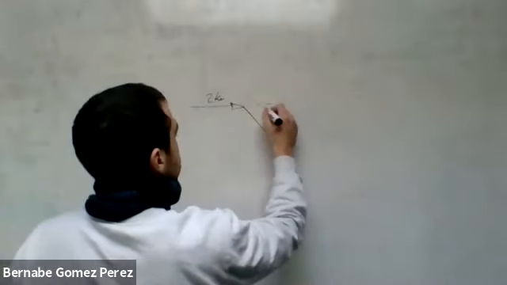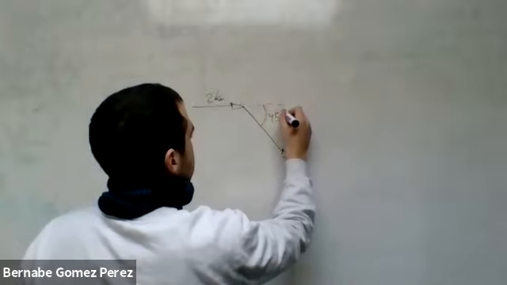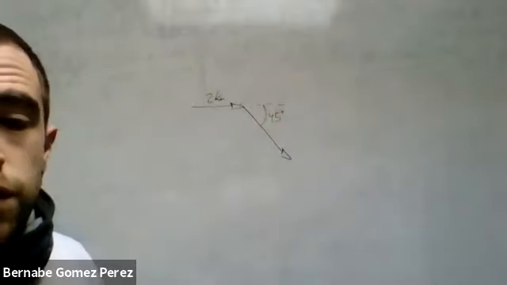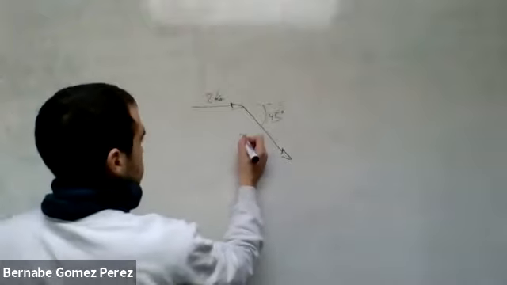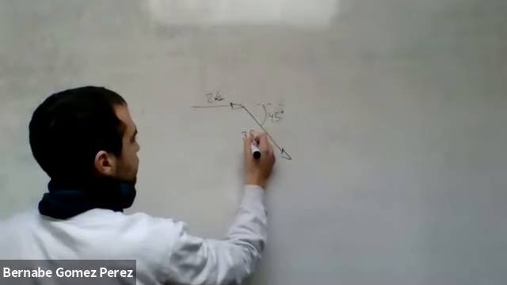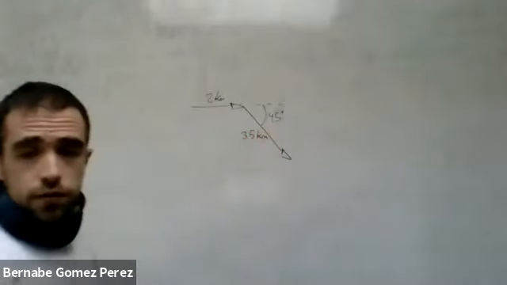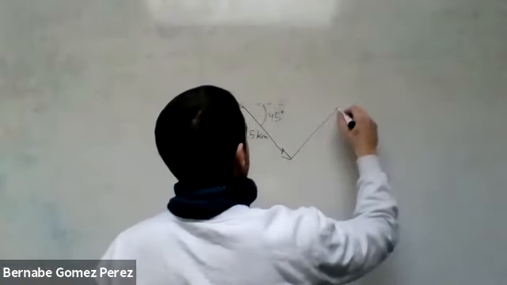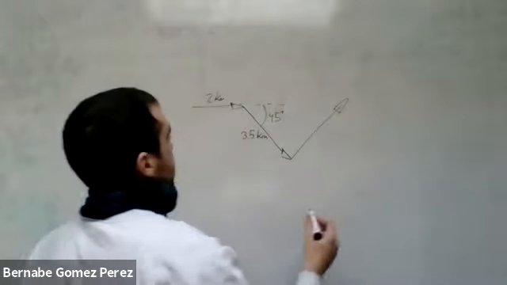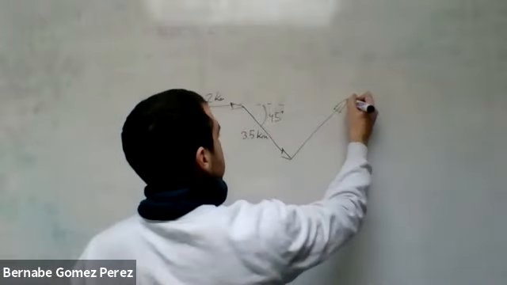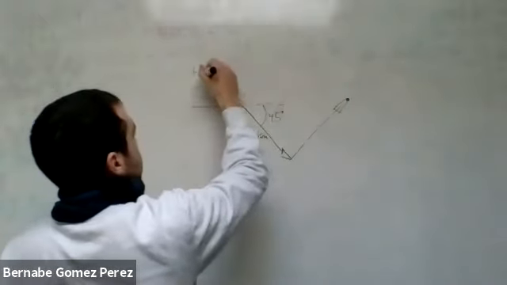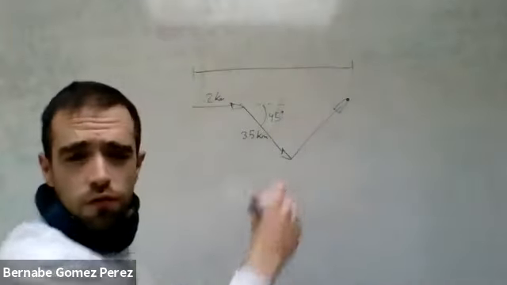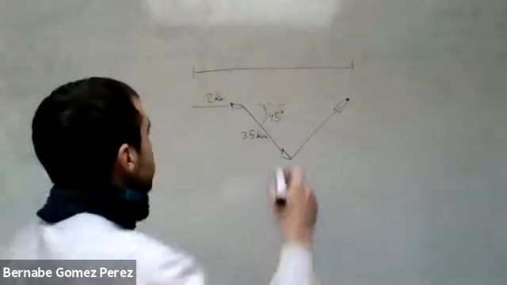This is important. Its magnitude is 3.5 kilometers, okay? And then we have a third displacement, which we don't know anything about. However, we know the final position, which is 5.8 kilometers.